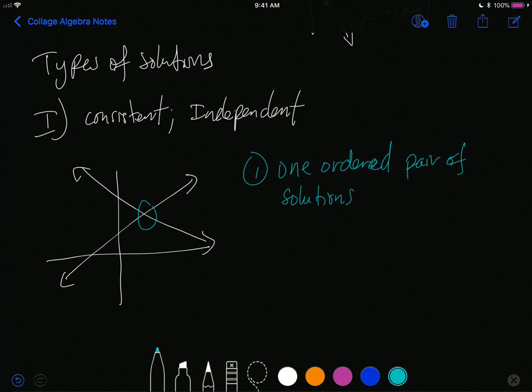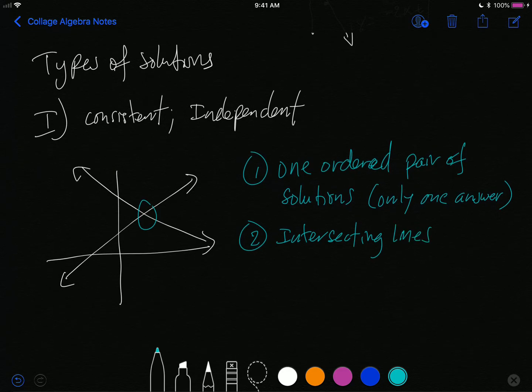That is, you get one answer. If you look at them graphically, they will look like intersecting lines, lines that meet once.